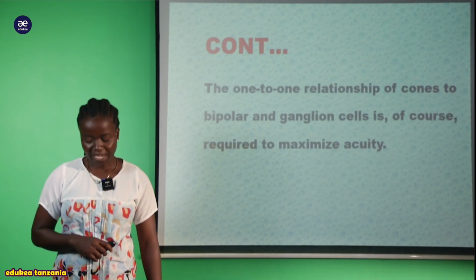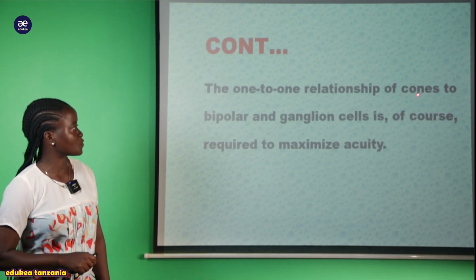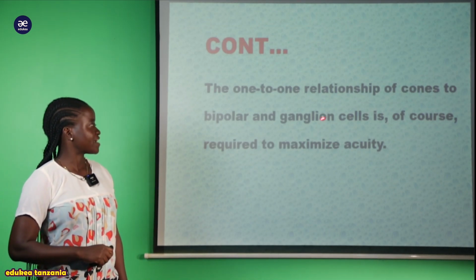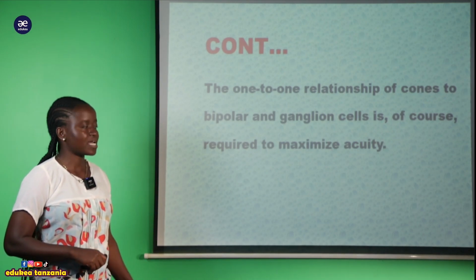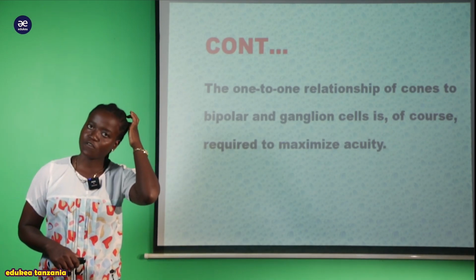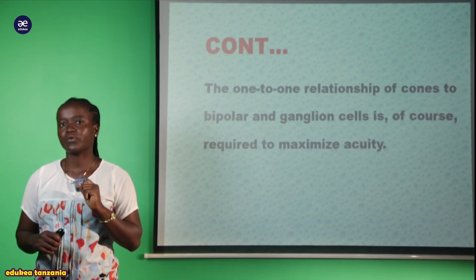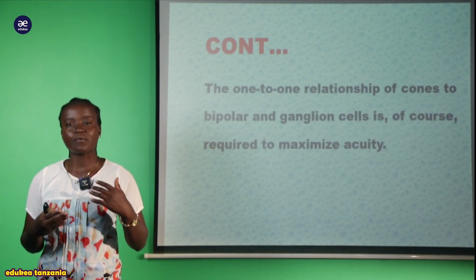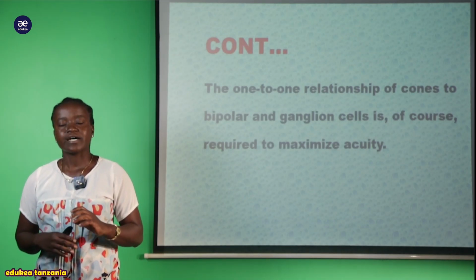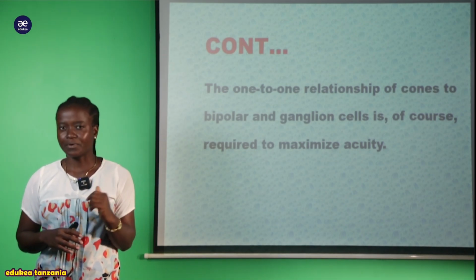But finally, here we can say that the one-to-one relationship of the cones to bipolar and ganglion cells is of course required to maximize acuity. So ile less convergence ambayo inatokea kwenye cones ndiyo ambayo inafanya cones kuwa more acute, meaning that they can see very fine detail compared to the rods.